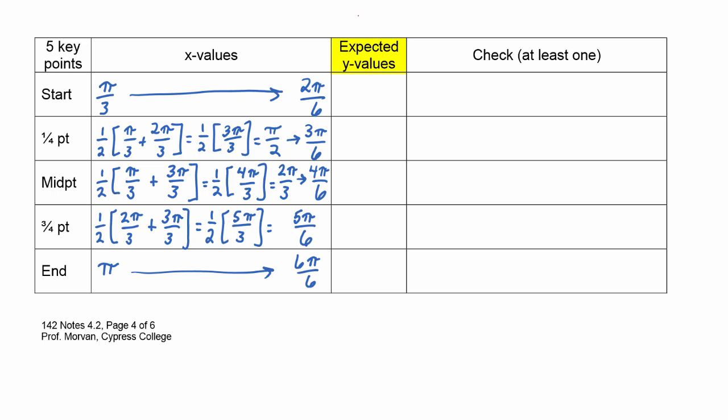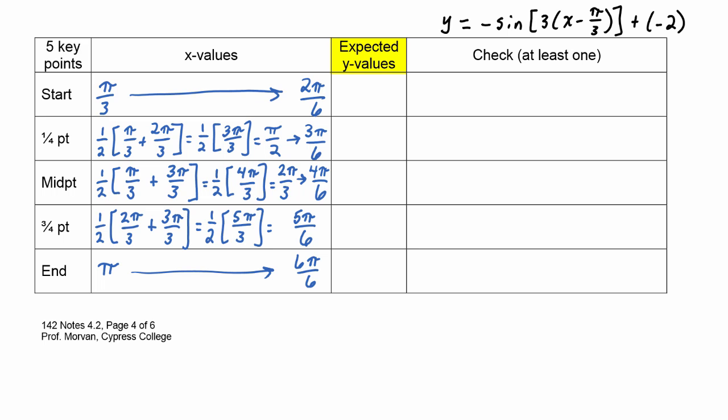We're ready now to do our expected y values. We know that we are graphing y equals negative sine of 3 times x minus pi over 3 plus a negative 2, or minus 2.